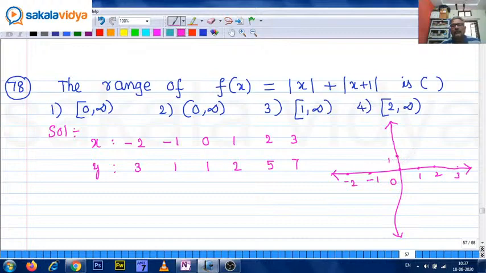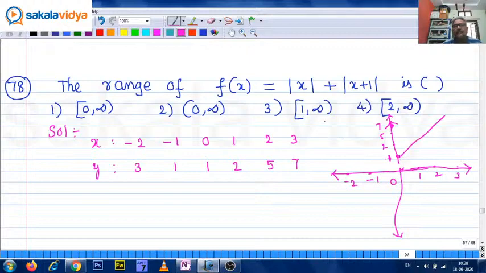This will be 1, 2, and 5, then 7. For -2 you get 3. For 0 you get 1, and you will get a graph like this.